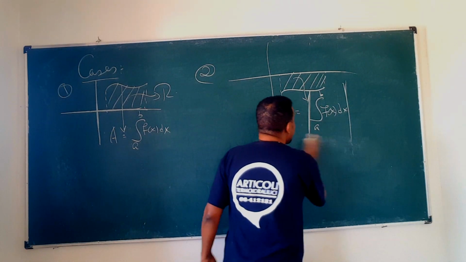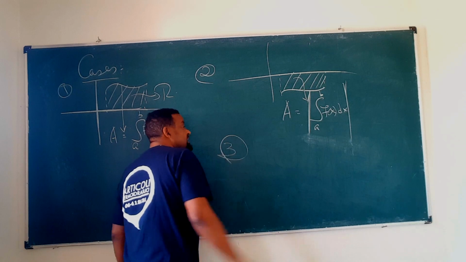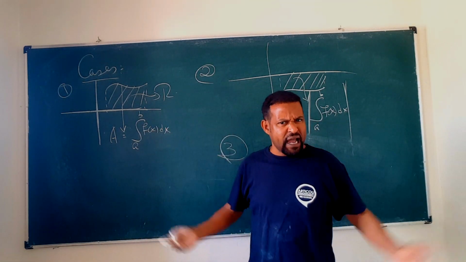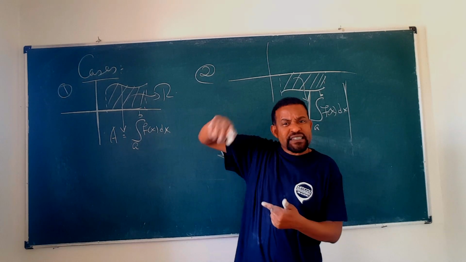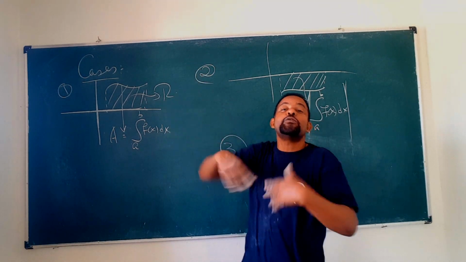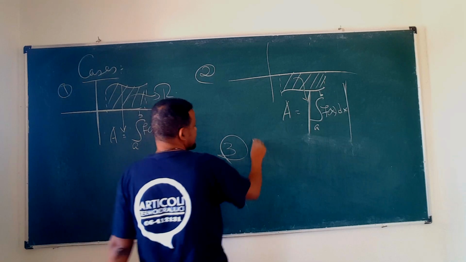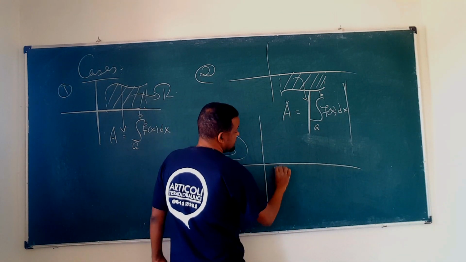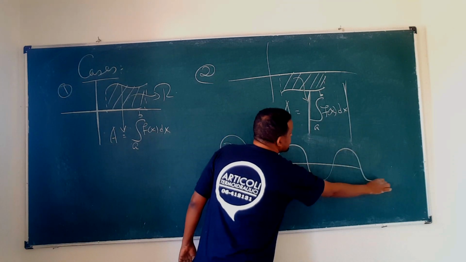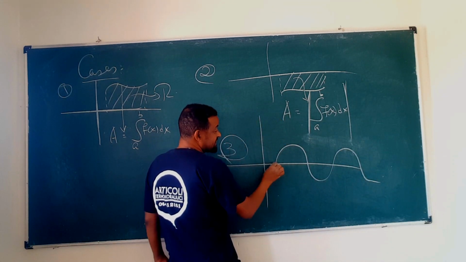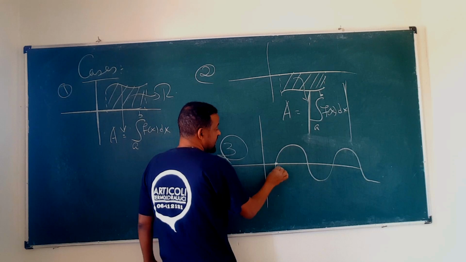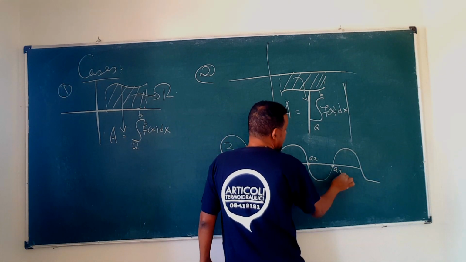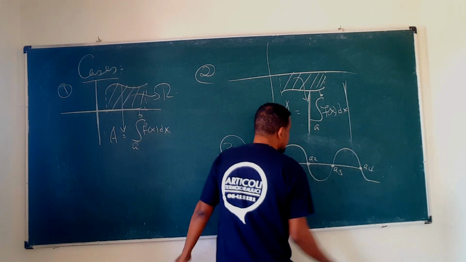And the third case: sometimes the region might be crossed by the x-axis many times, two, three, four times. Like this, look. For example, it can be a region like this, crossed by the x-axis at a1, a2, a3, a4.